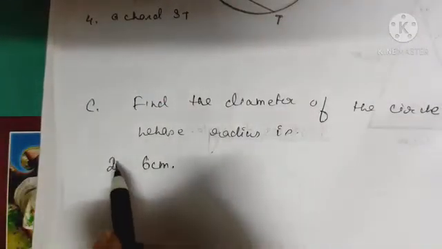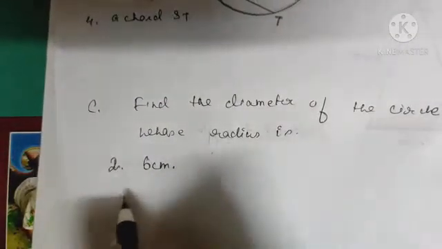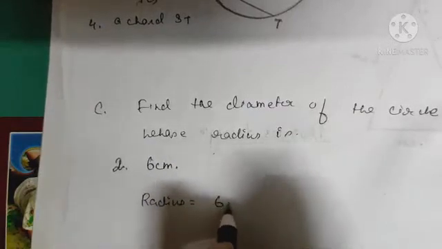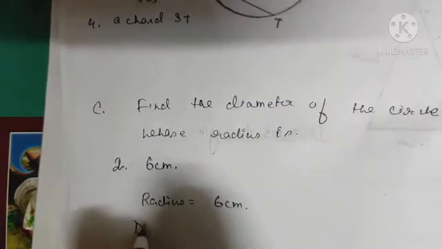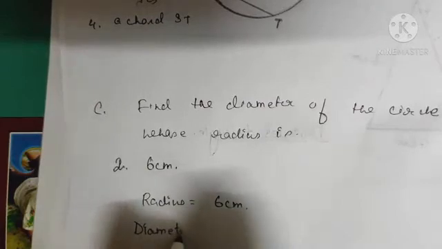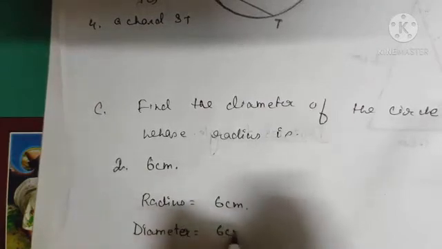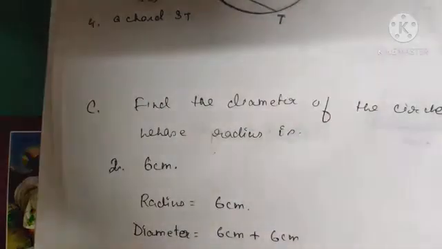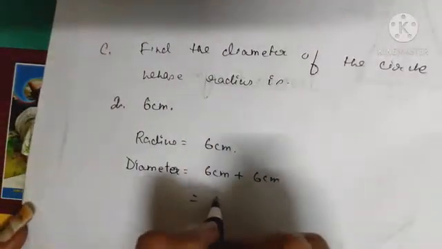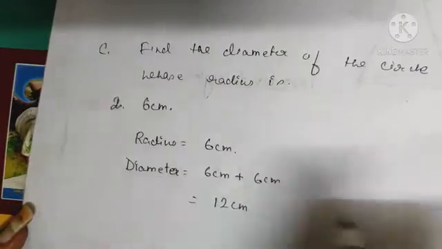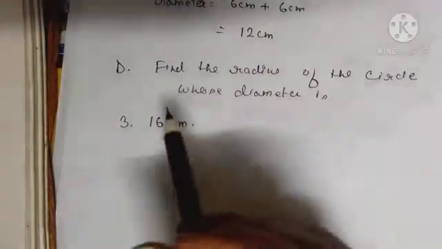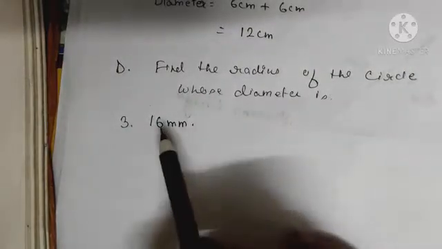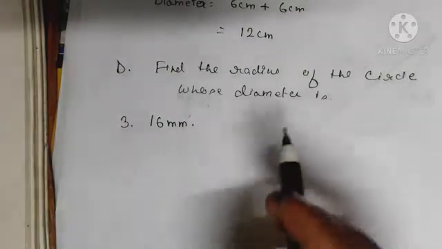Here the radius is given as 6 centimeter, so the diameter is twice the radius: 6 centimeter plus 6 centimeter equals 12 centimeter.